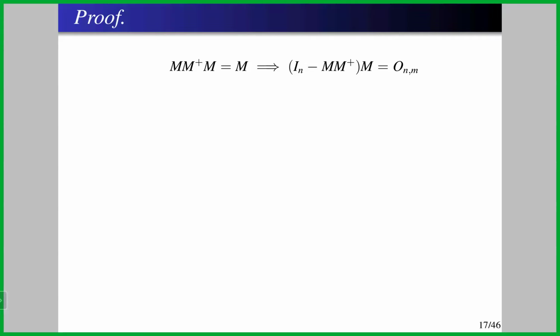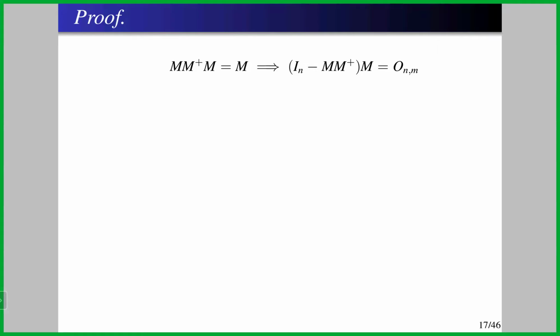One of the equations is M times M plus times M equals M. If you subtract M plus times M from both sides, then you get that identity minus M plus times M is the 0 matrix. Now we want to know what the rows of this matrix identity minus M plus are.